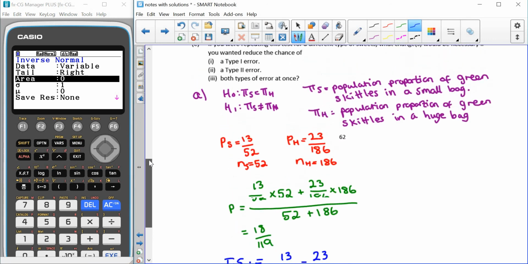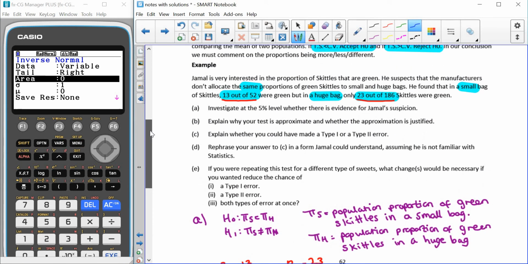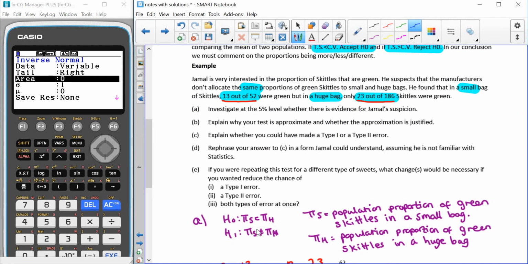Now, when we're looking at what the area is going to be, we have to remember that this is a two-tailed test, because it was that they were going to be the same or they were not going to be the same. So it's a two-tailed test, which means that, usually, as in a normal or binomial question, we would halve our significance level. And we're going to do the same thing here. So we're going to put 0.025 as our area.